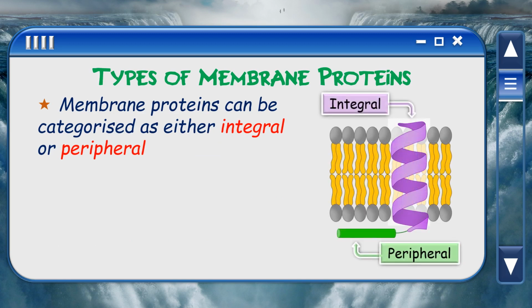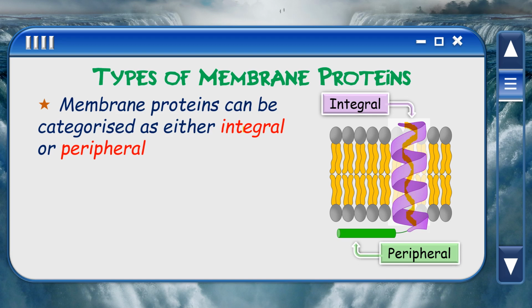Types of membrane proteins. Membrane proteins can be categorized as either integral or peripheral. When you look at them, we have a protein which is transmembrane, and that one we refer to as integral.